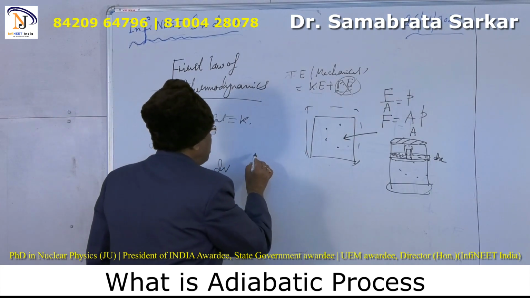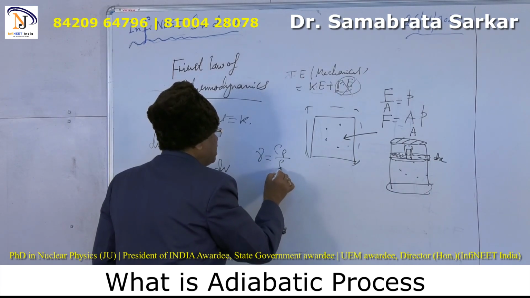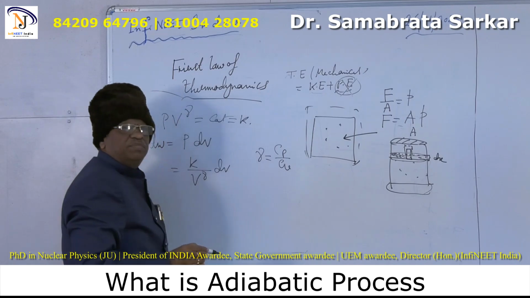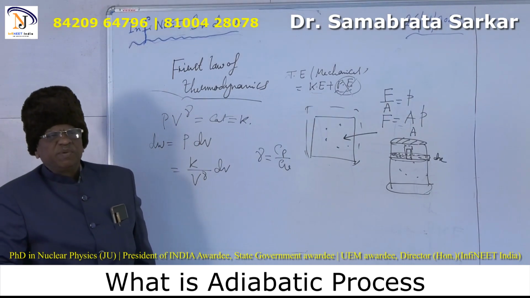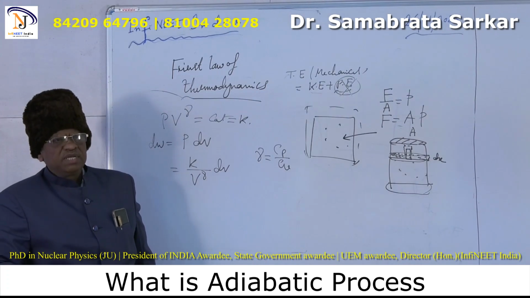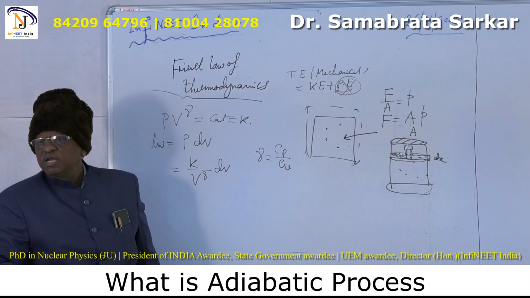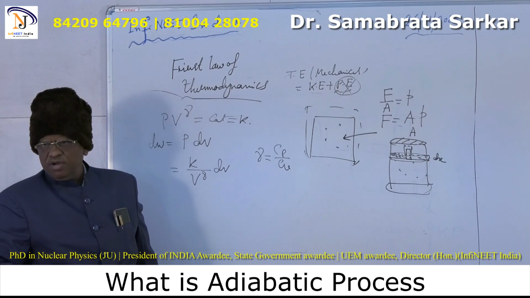What is gamma? Gamma is nothing but Cp by Cv. What is Cp? Cp means specific heat at constant pressure, and Cv means specific heat at constant volume. The ratio of these two is termed as gamma.